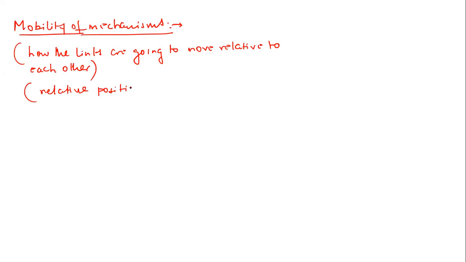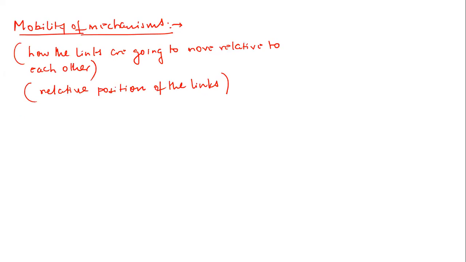The aim of studying this topic, mobility of mechanisms, is simply to determine the relative position of the links, to get an idea of how the links are going to move relative to each other. That means what will be the relative position of the links at a particular instant of time, right?